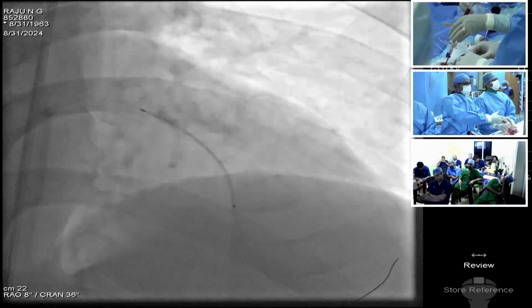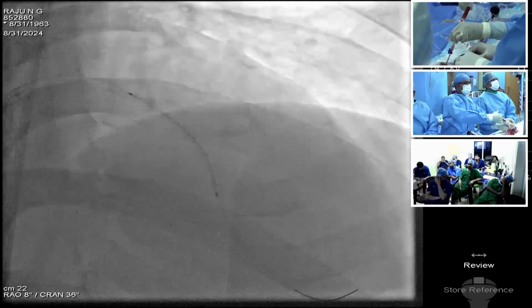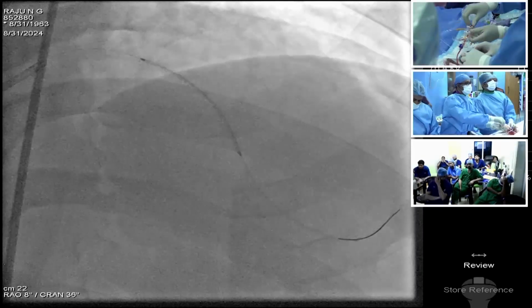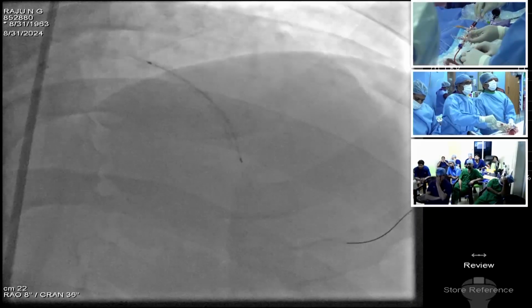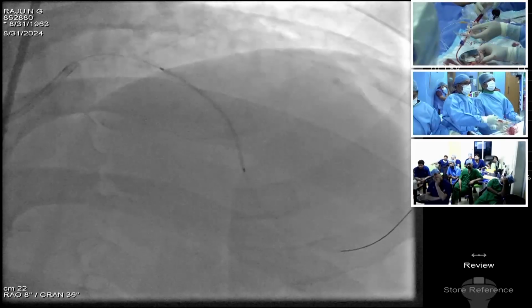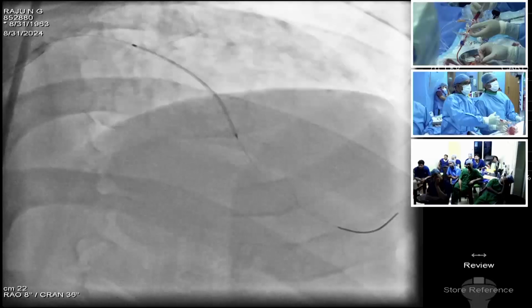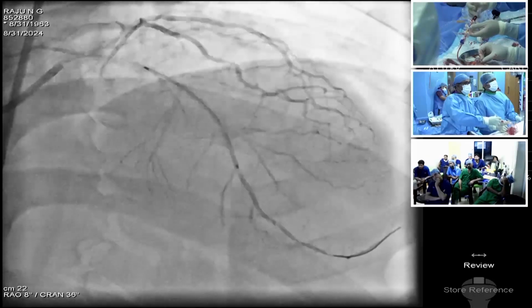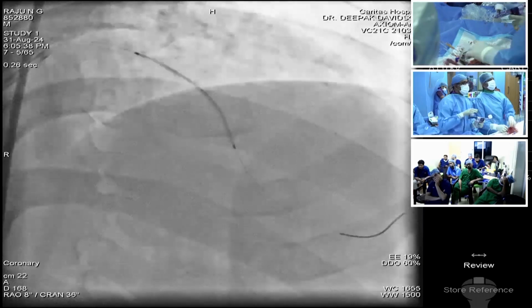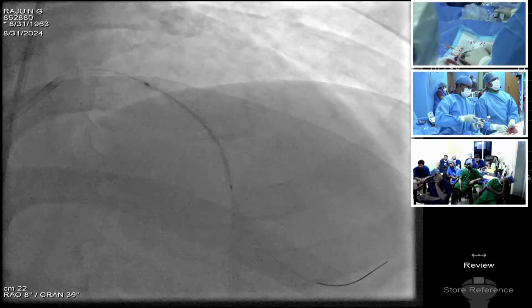Looks okay. Guide yes. We'll do a cine എടുത്ത് നോക്കാം. മതിയല്ലോ? മതി. That's enough. 10, 12, 14.